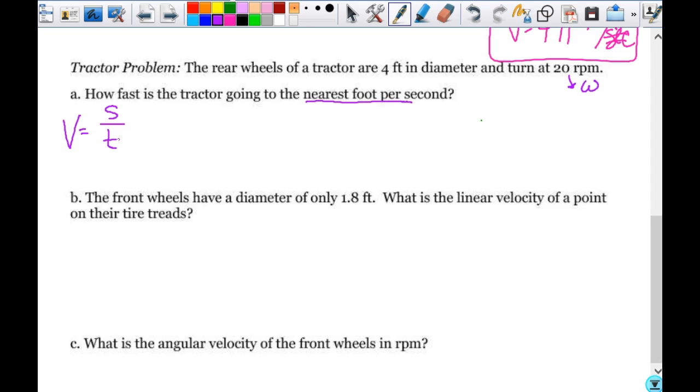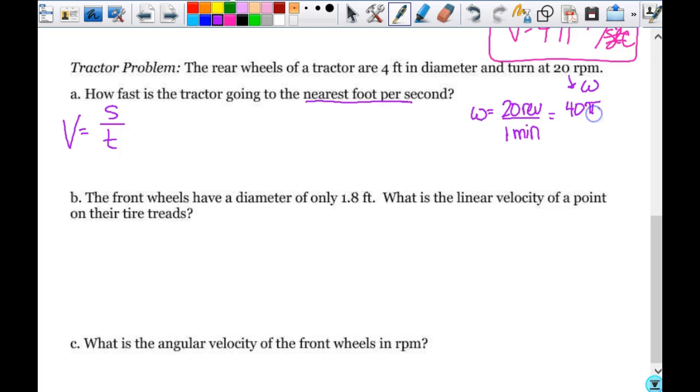Now, it says per second. What we have is 20 revolutions per minute for every 1 minute, right? That's what they've given us. We want it in seconds, and we need it in radians in order to use it. Does that make sense to you? So that means that we know that 1 revolution is 2 pi radians. So if we have 20 revolutions, how many radians is that?